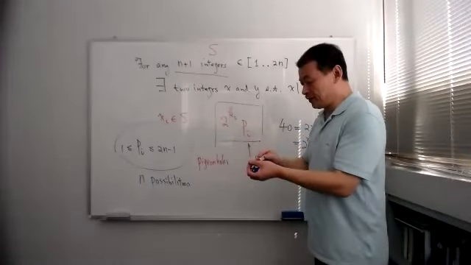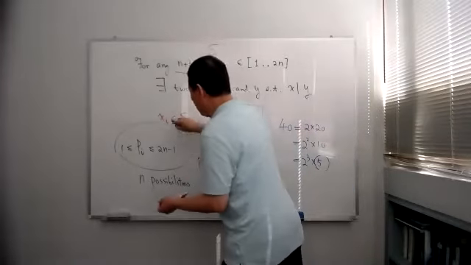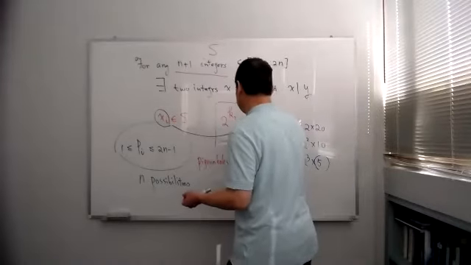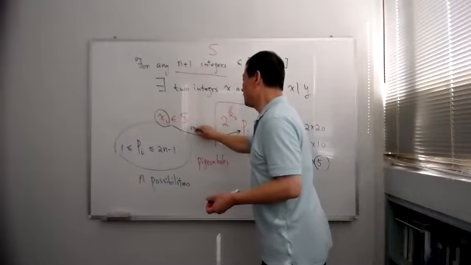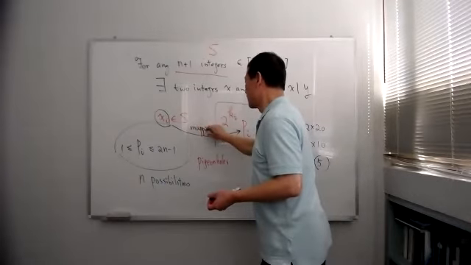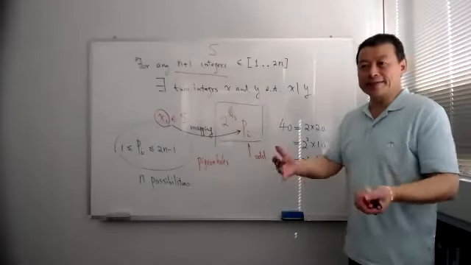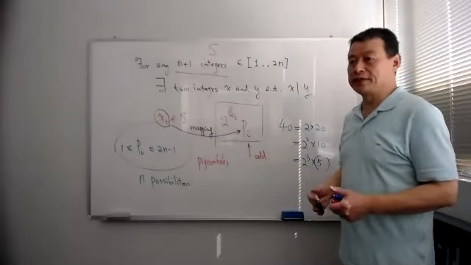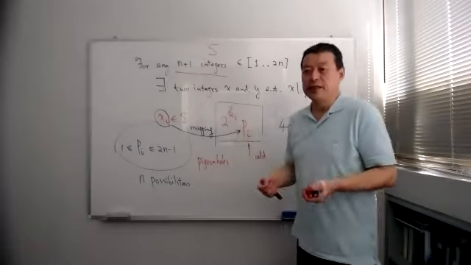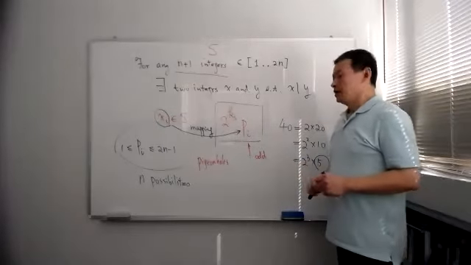The mapping is from x_i to this one. That's our mapping assignment. The pigeonhole principle says that for any mapping, any assignment, the property holds. Now for this particular mapping, of course, the same property holds.